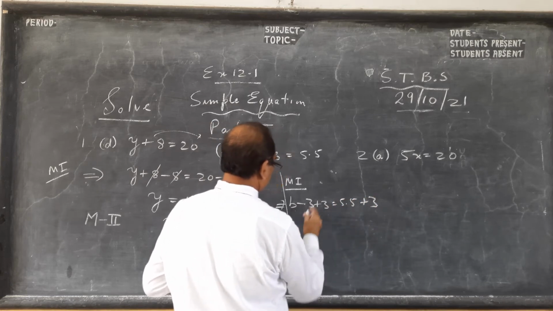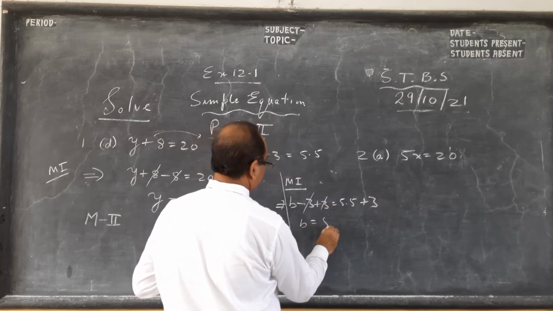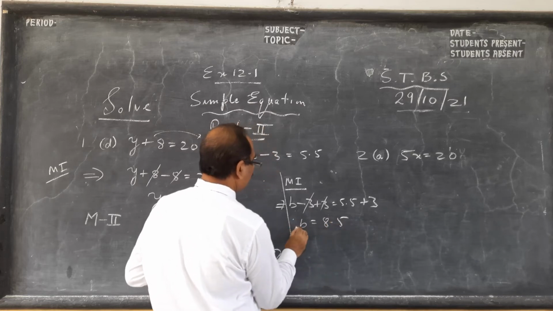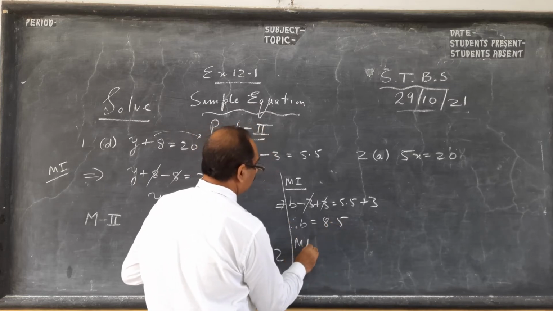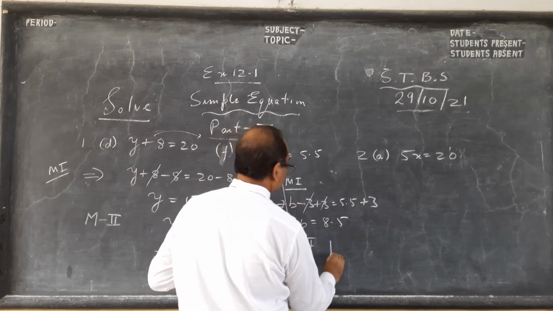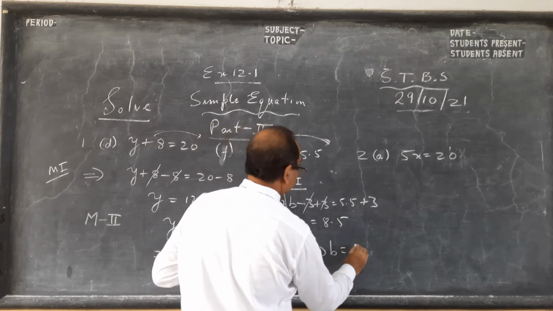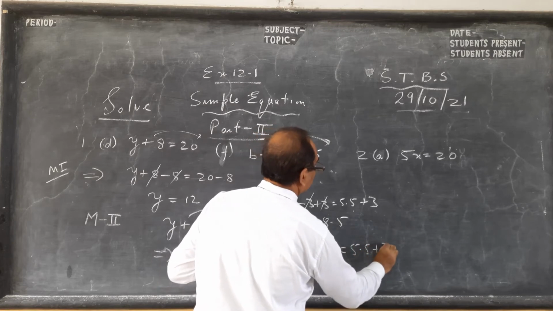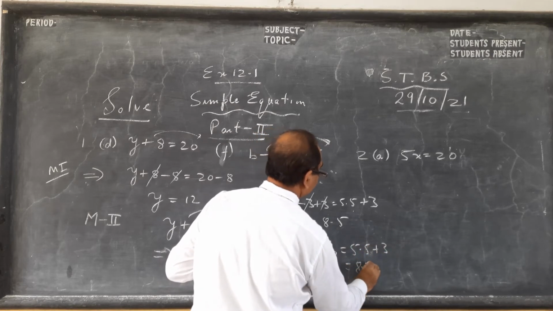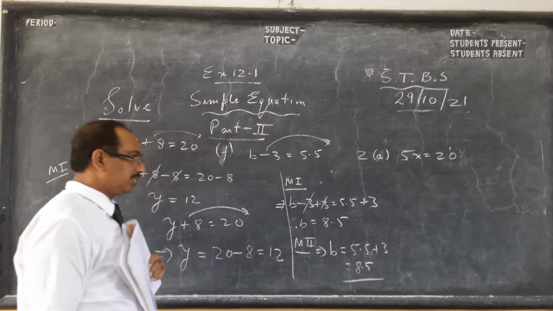This side it cancels, I get 8.5. Therefore you can write it. And method 2, children, is I do transposing. Minus becomes plus. Same answer you get.